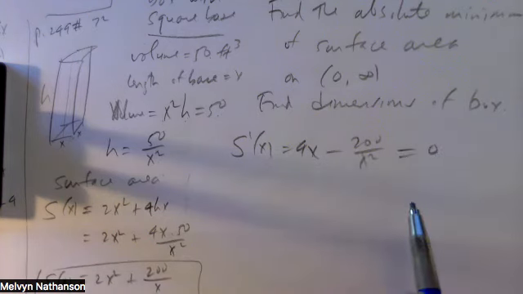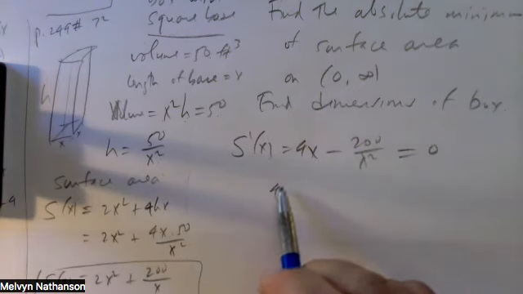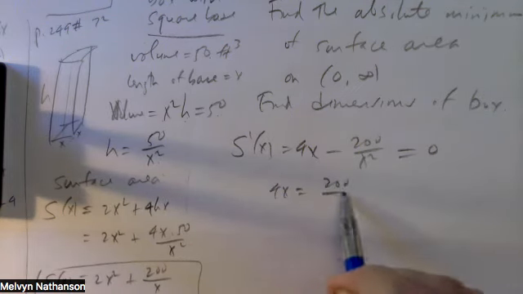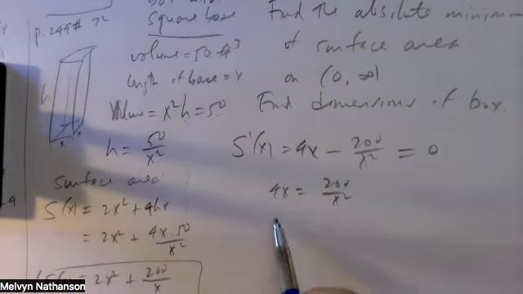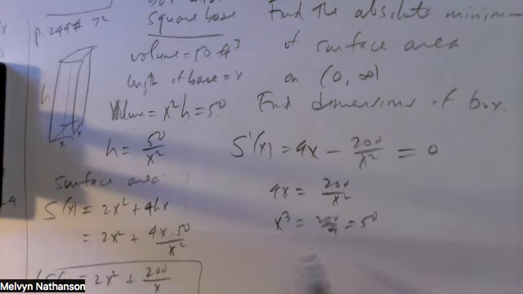And when is that equal to 0? For that to be equal to 0, 4x equals 200 over x squared, or x cubed equals 200 over 4, which is 50. So x is the cube root of 50.